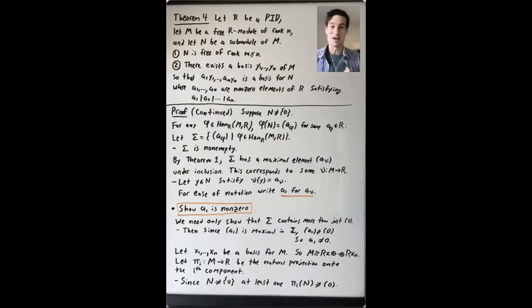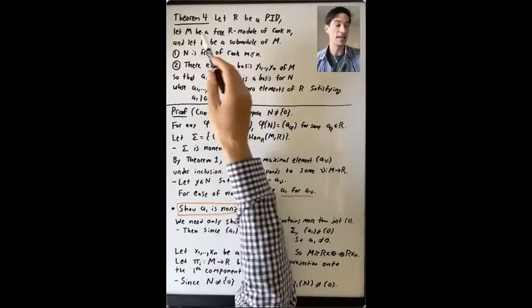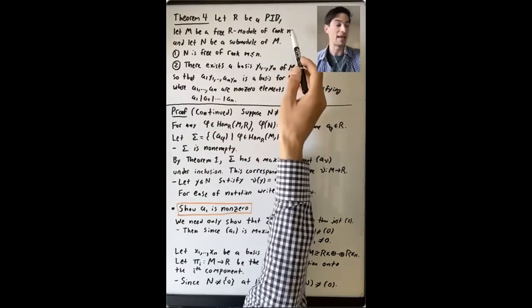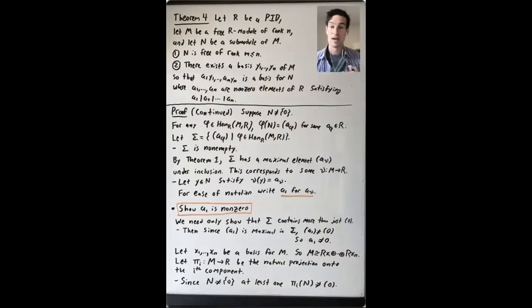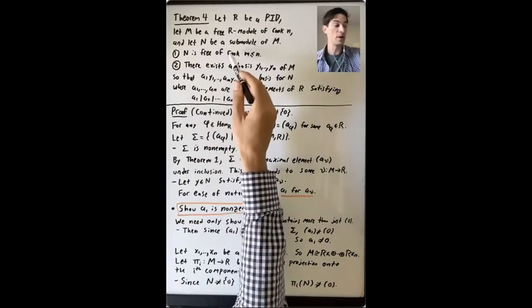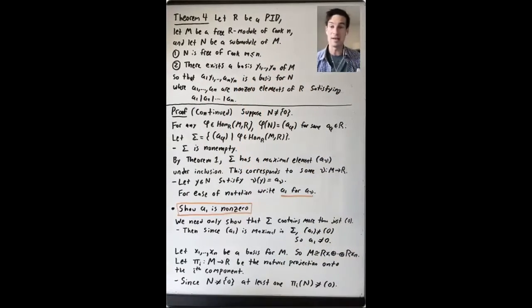All right, so let me start by recalling what this theorem says, and then where we are in the proof so far. So what's the setup? R is a PID, M is a free R module of rank n, and N is a submodule of M. Then N is a free module of rank m, where m is less than or equal to n.